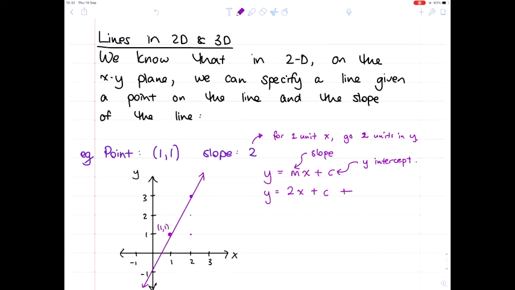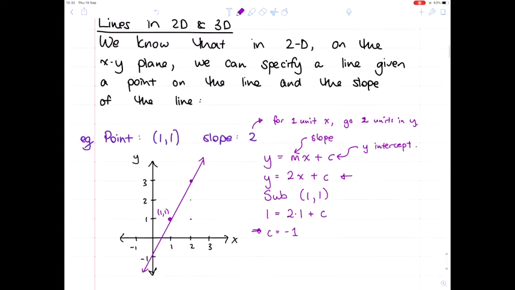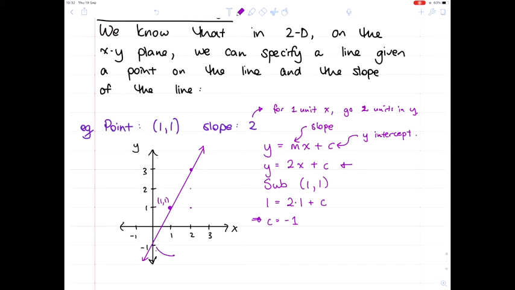So when we've got our equation y is equal to 2x plus c, we're going to sub in the point 1, 1, which gives us a value for x and y, and that'll help us solve for c. So we've got 1 is equal to 2 times 1 plus c, and if you solve this, you'll find that c is equal to minus 1, which corresponds to the value that we saw in our drawing over here. That's our y-intercept. So finally, our equation for the graph is y is equal to 2x minus 1.